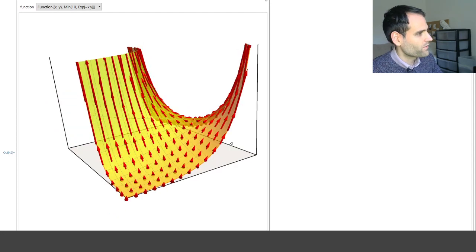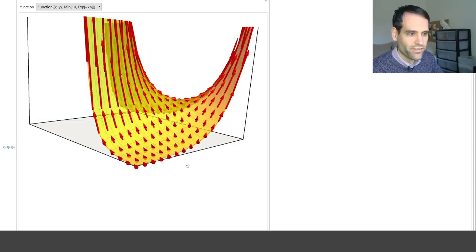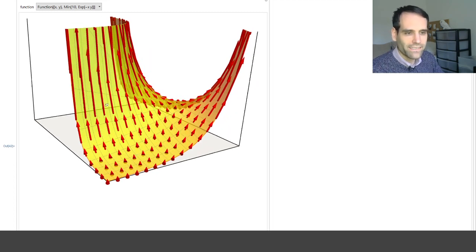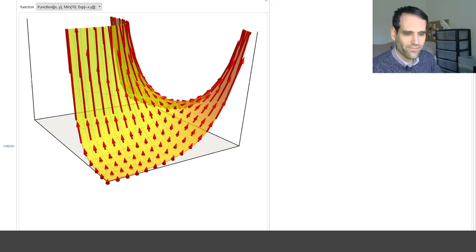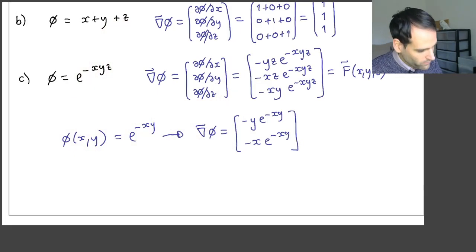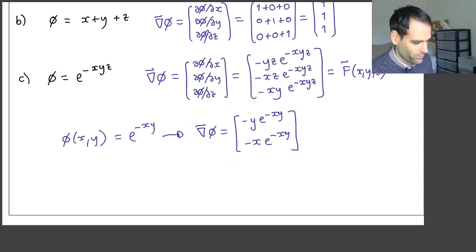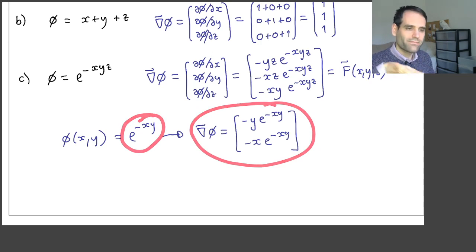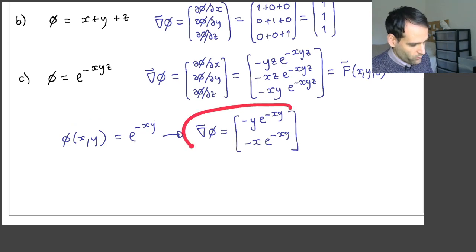But you can see how the arrows, which are this gradient, which are this expression we found, clearly tell us the direction of steepest ascent, and also they get really big near this really steep side walls of the mountain. Okay? And that's all contained in this beautiful mathematical equation. So these are the red arrows, while this was the yellow surface. Okay? So the scalar field was the height, and the arrows were the gradient.